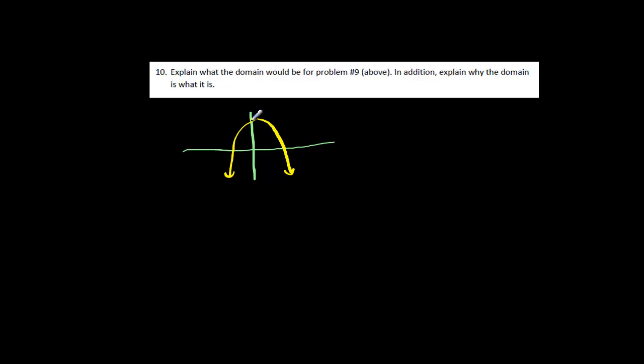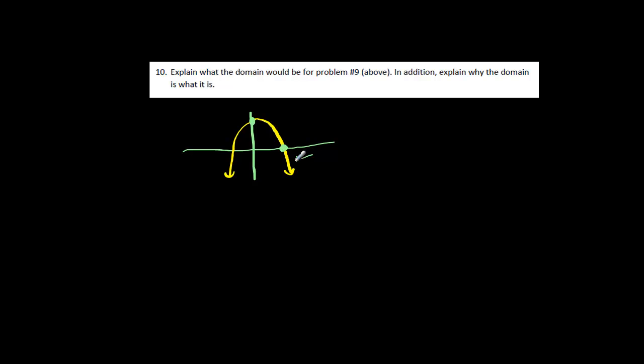The area that we're going to concentrate on is from here to here. And the reason why is because this is where you're standing. You're standing at 0 feet and a height of 5 feet. And you throw the shoe and it lands.